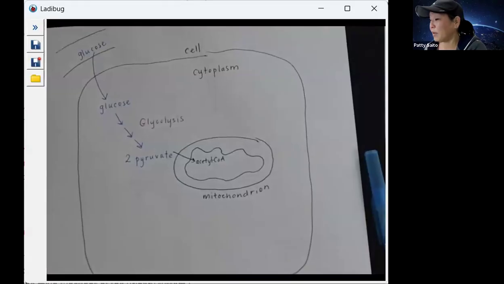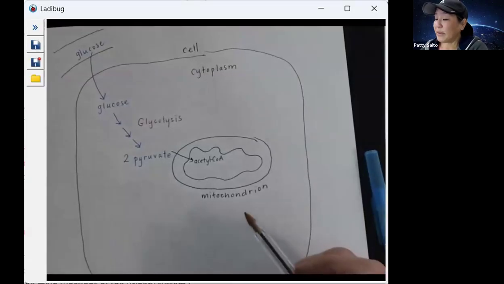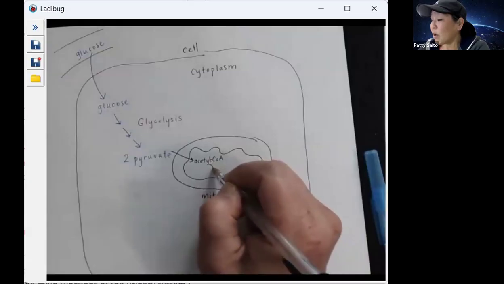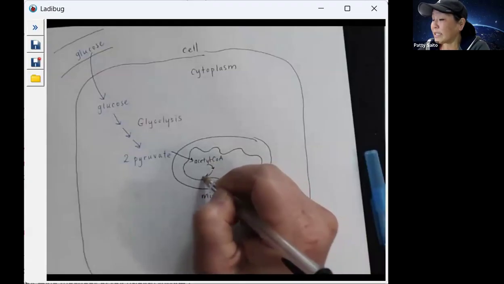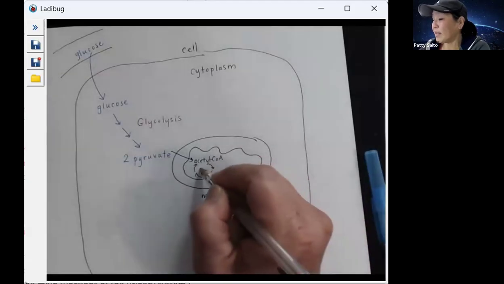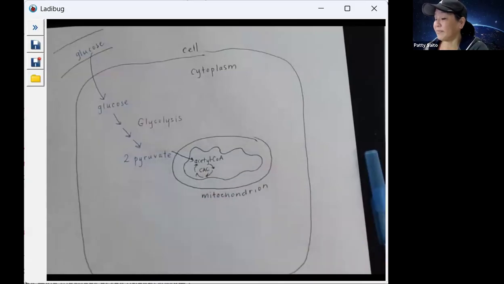It's just a molecule. I should have drawn my mitochondria much bigger. Anyway, this acetyl-CoA will undergo a series of many steps called the citric acid cycle.